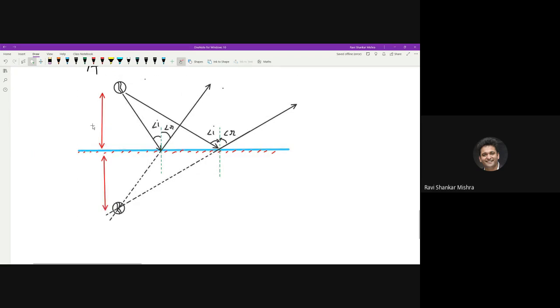Got it? This distance d will be equal. And this is how the image formation happens in the case of a plane mirror.